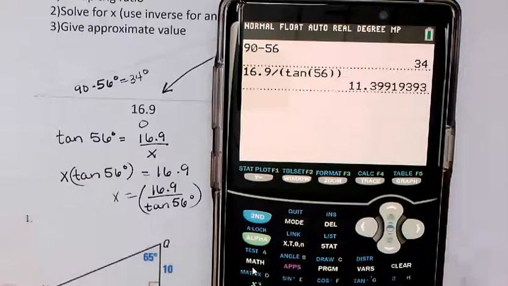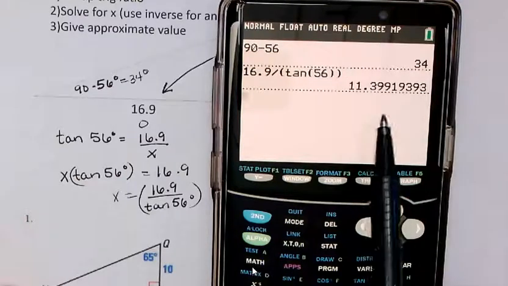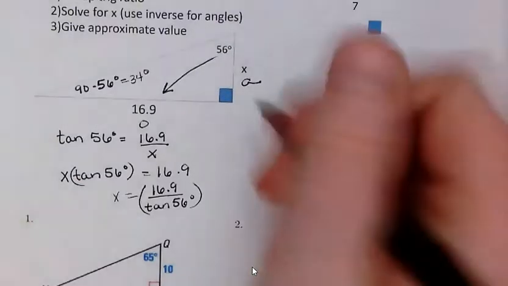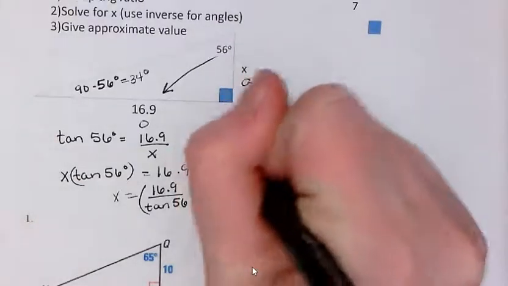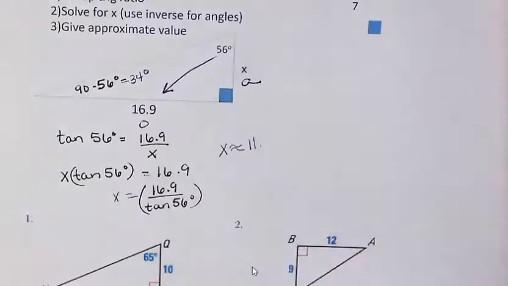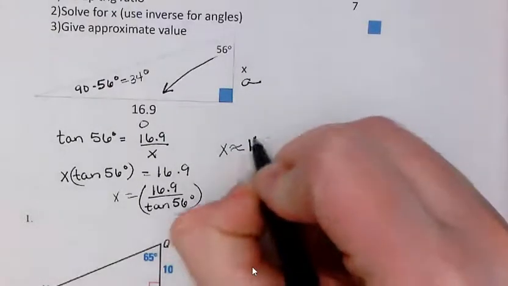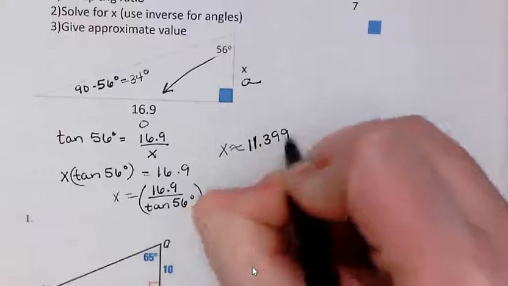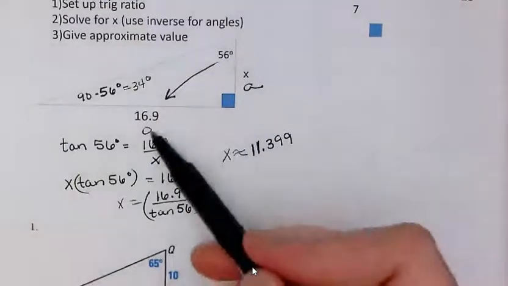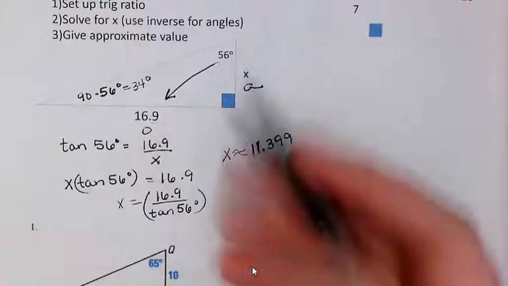Hit enter, and roughly it's 11.3991, so I'm going to keep it at 11.399. So x is approximately 11.399.